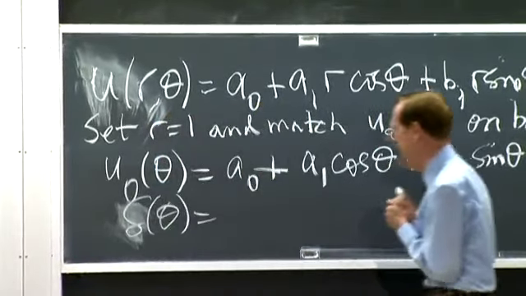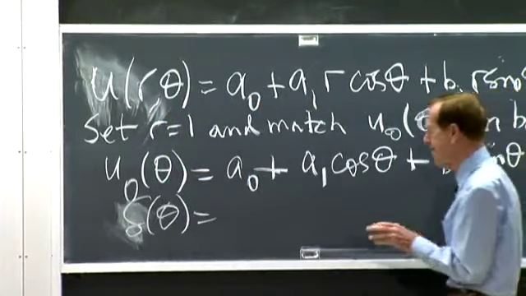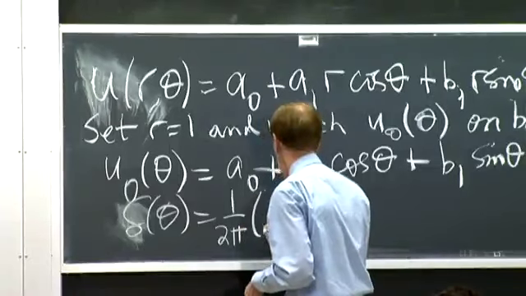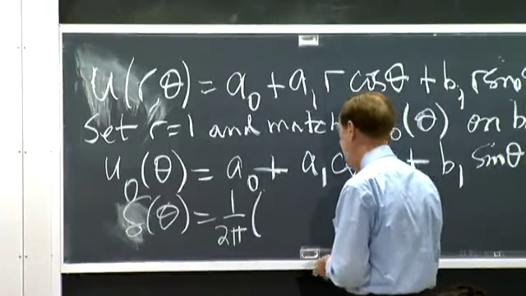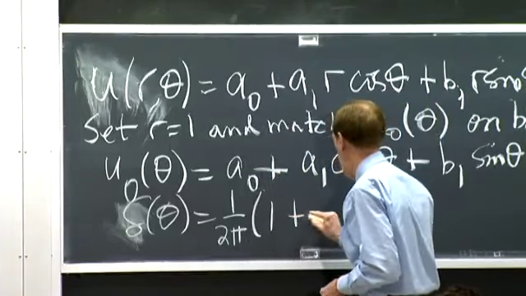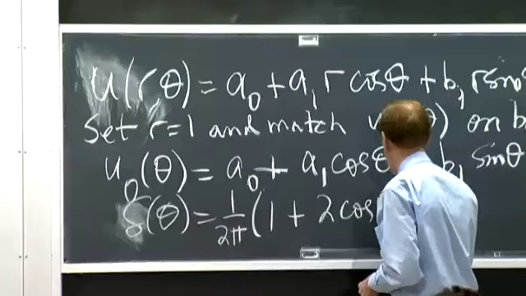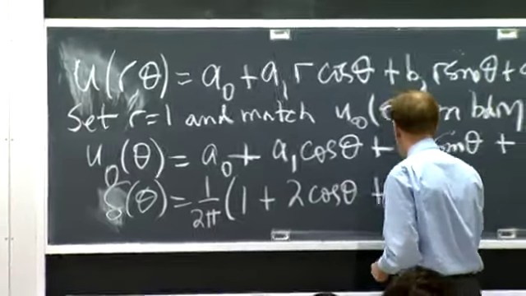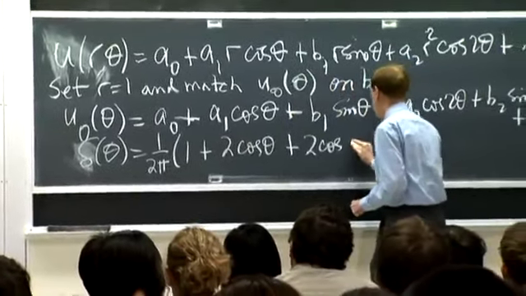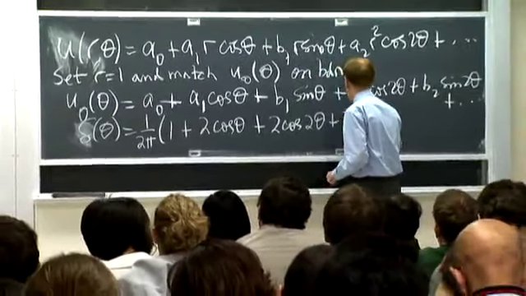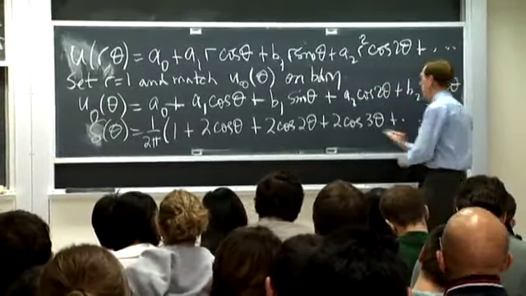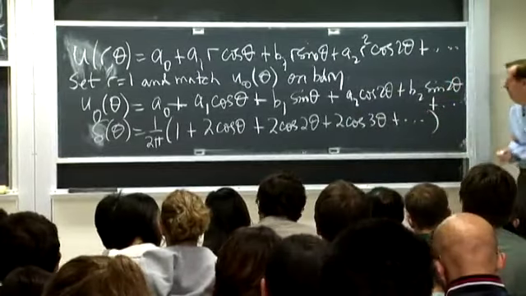Delta theta, I think there's a 1 over 2 pi or something. We'll get it exactly right. It's something like 1 and 2 cos theta and 2 cos 2 theta and 2 cos 3 theta and so on. I'm not sure about the 2 pi. We'll know it well when we get there.